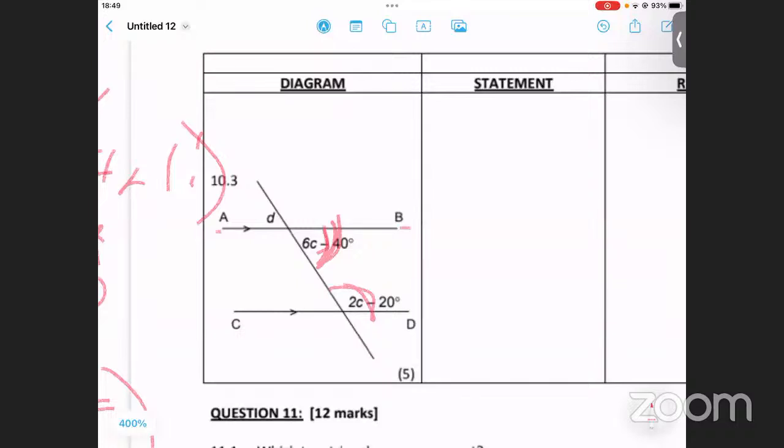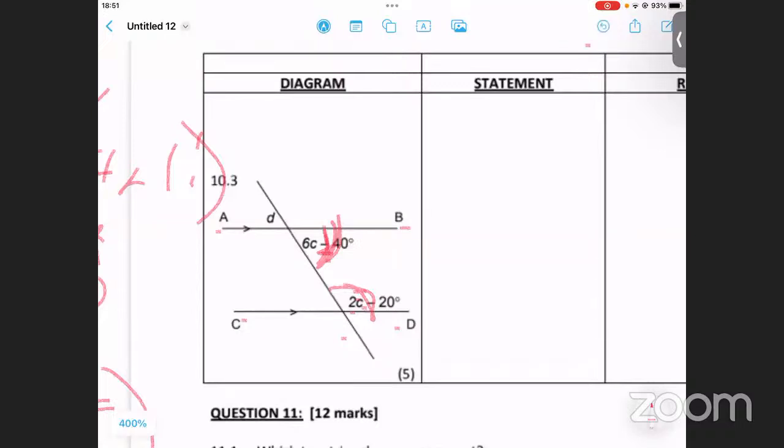If we have AB that is parallel to this CD, what must this be equal to when you add them together? What must be the sum of the two angles?